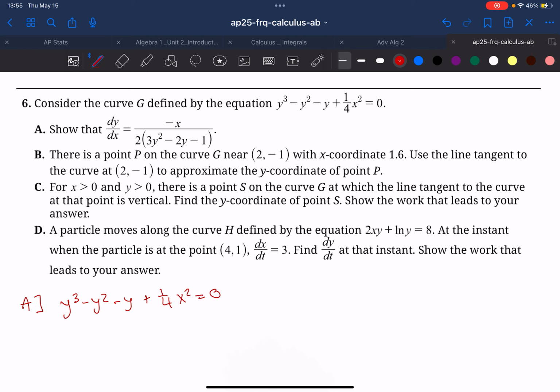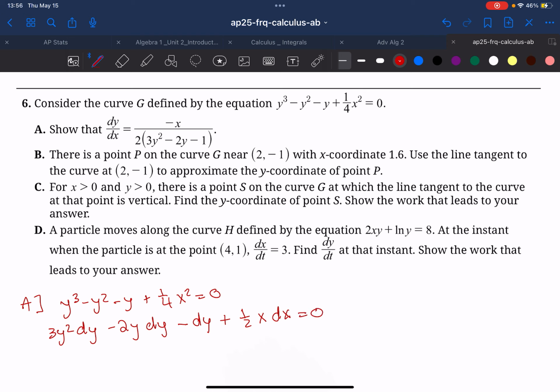Then taking the derivative, we have 3y squared dy minus 2y dy minus 1 dy, or just dy, plus the 2 is going to come down and multiply by the 1/4, giving us 1/2. So this is going to be 1/2 x dx equals 0.